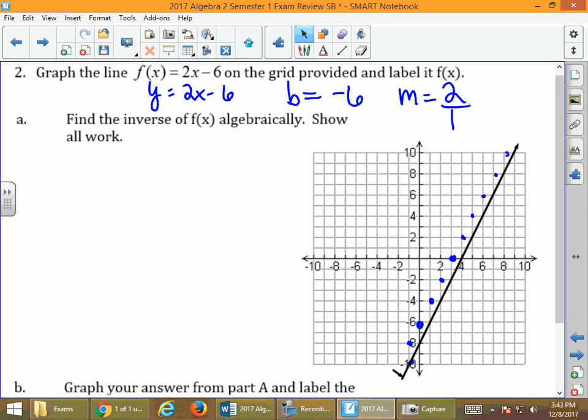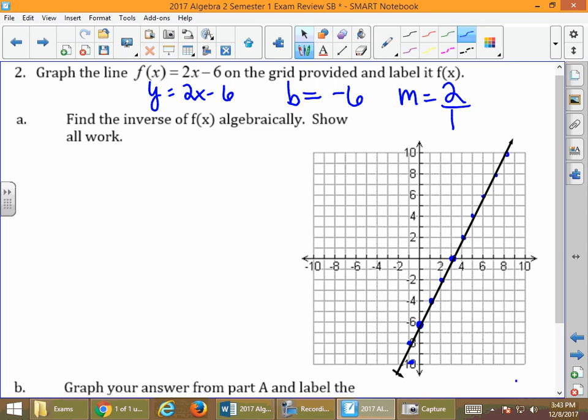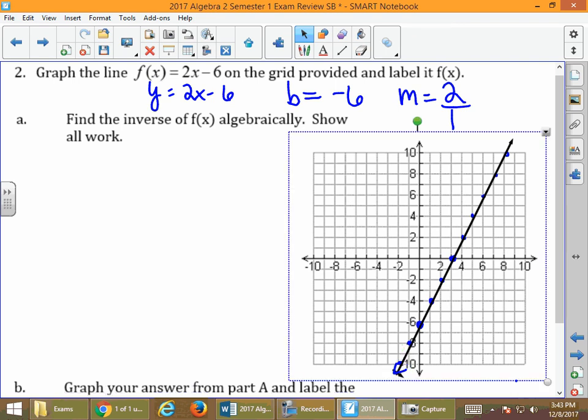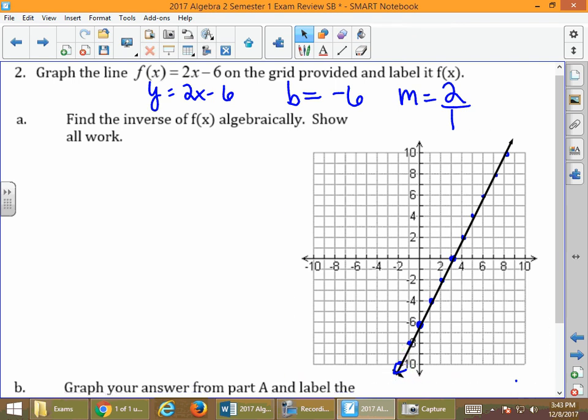Let's see if I can scoot it back over. And there's our arrow down there. It needs to be over here. There we go. Sorry about that. So now we've got our line graphed.